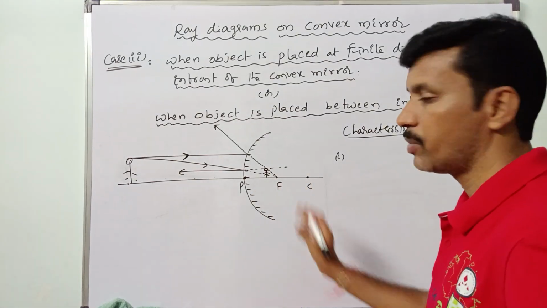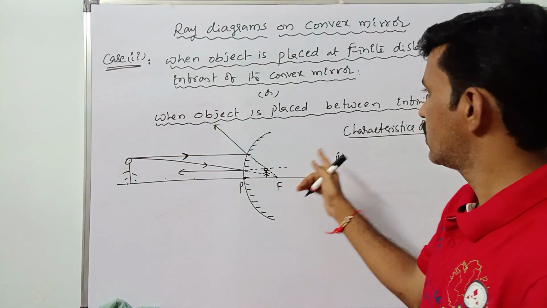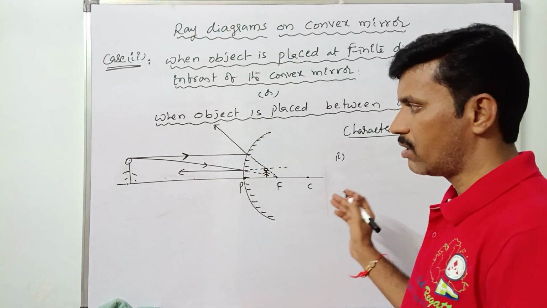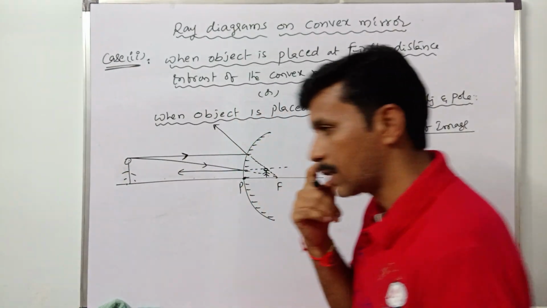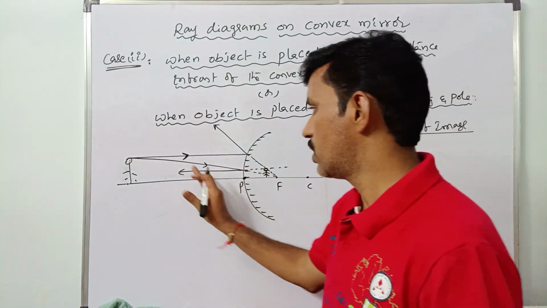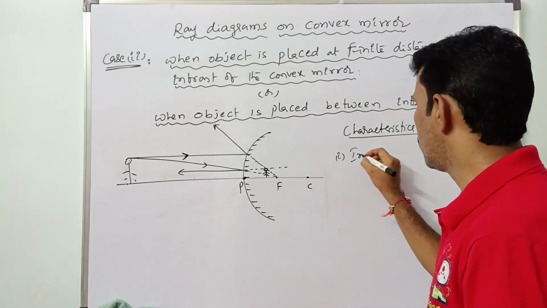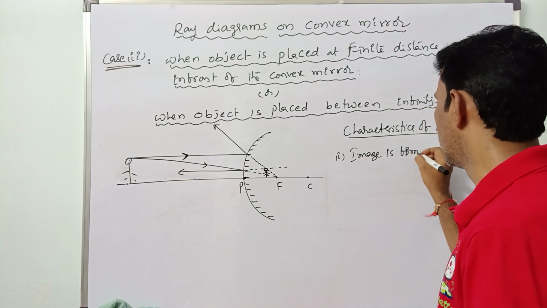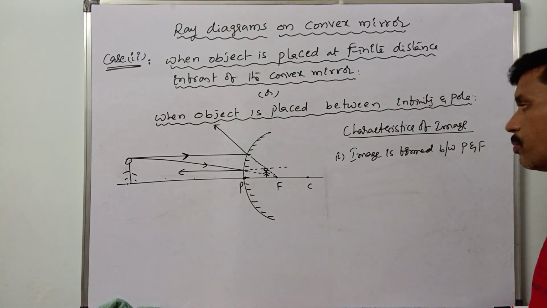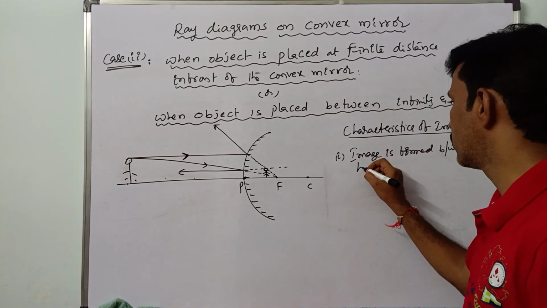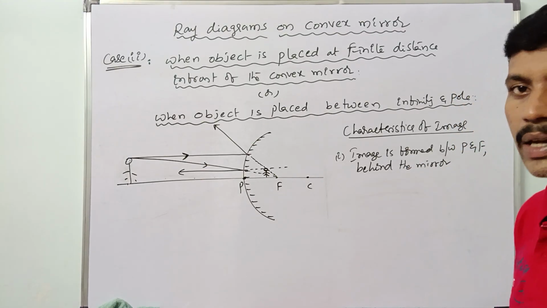It is formed behind the mirror between P and F. When the object is placed at infinity, the image is formed exactly at F. But irrespective of the object position in front of the mirror, other than infinity, we get the image between P and F. So the image is formed between the pole and focus point, behind the mirror. Clear? Next.